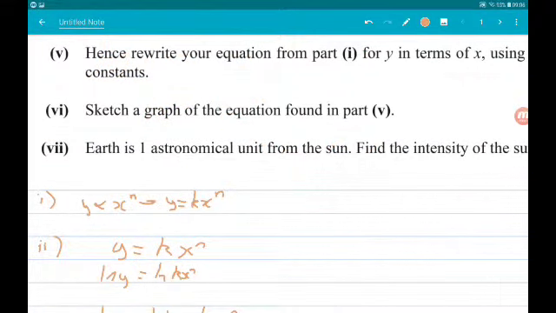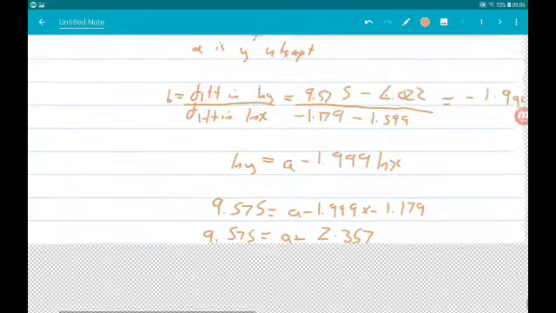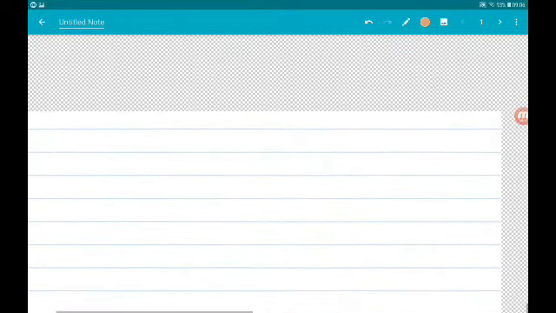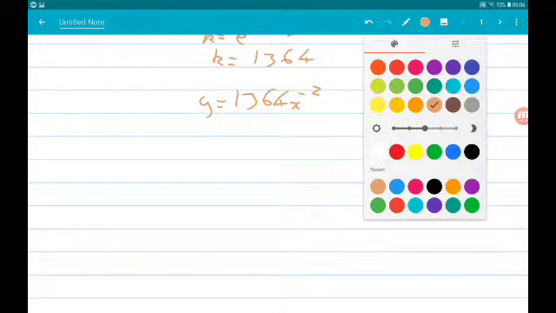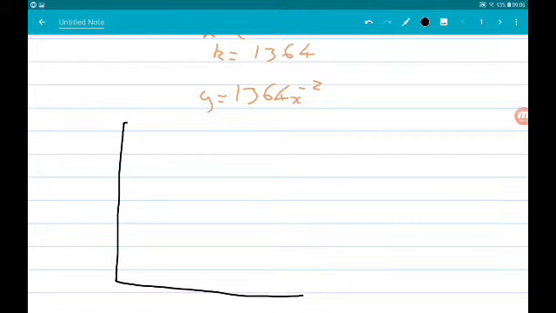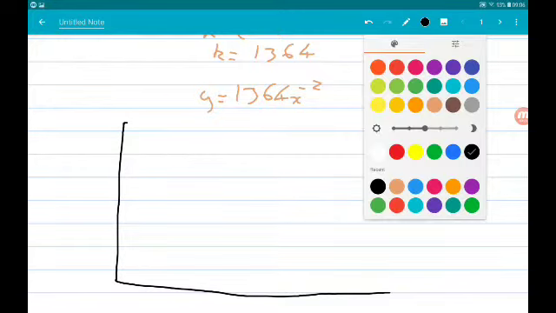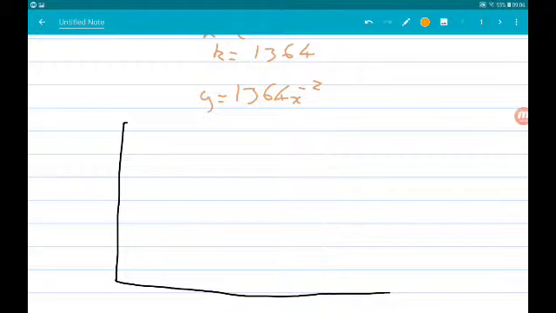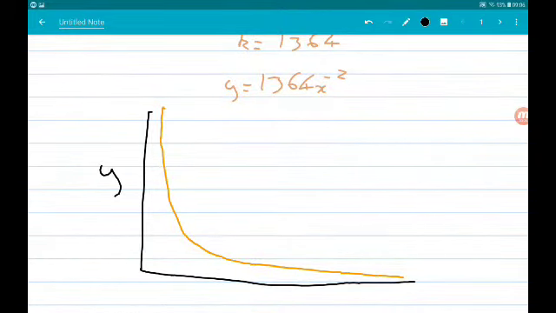Part 6 wants us to sketch the graph of the equation found in part 5. Okay, so essentially we're just sketching y is 1 over x squared. So, all of this is going to look like something like that, where I guess we should label the axes.